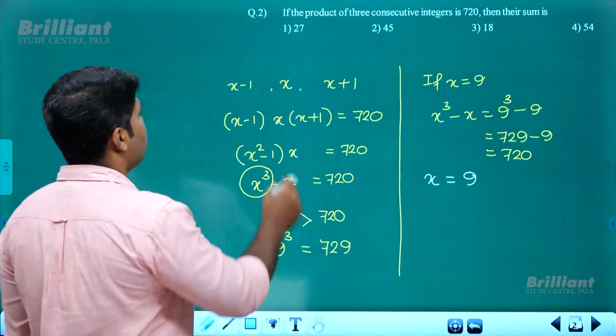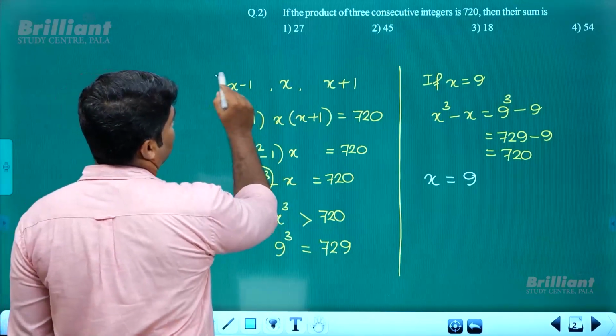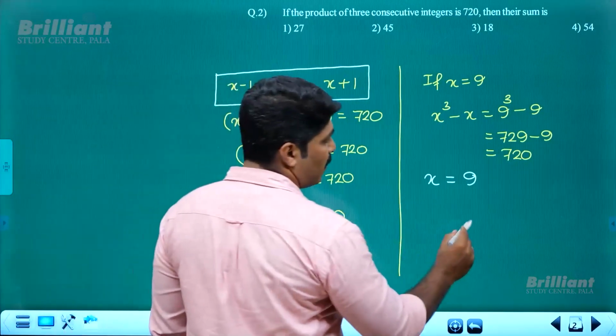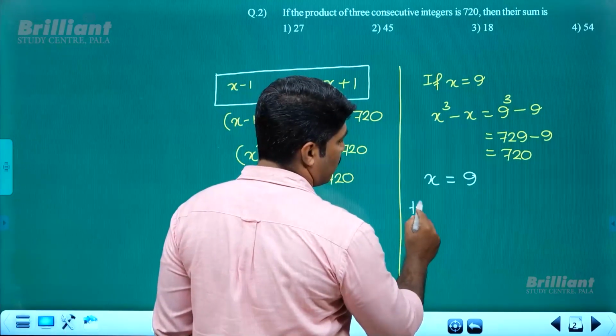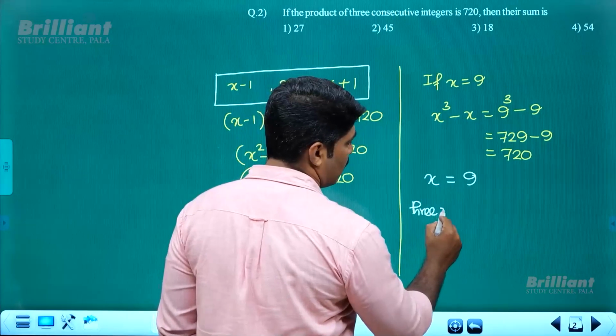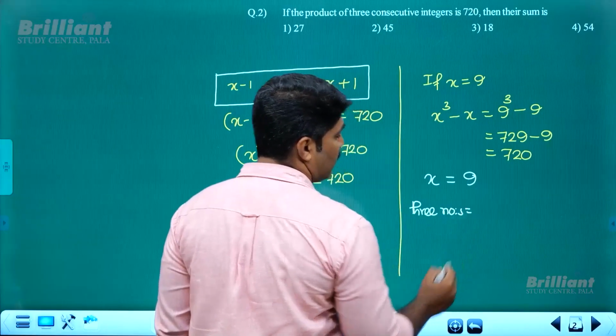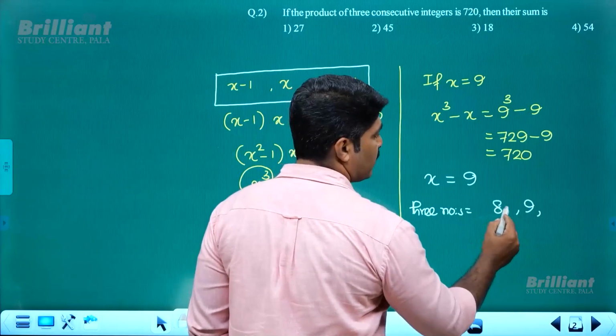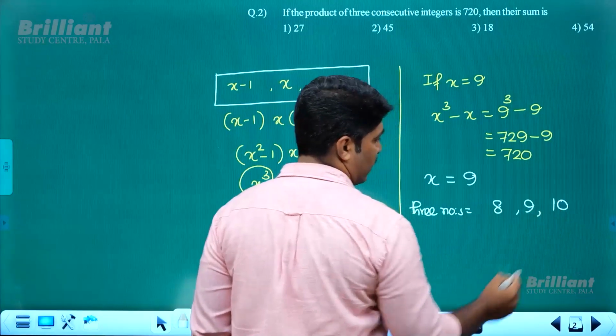These are the three integers: the middle number is 9, its preceding is 8, and its succeeding is 10.